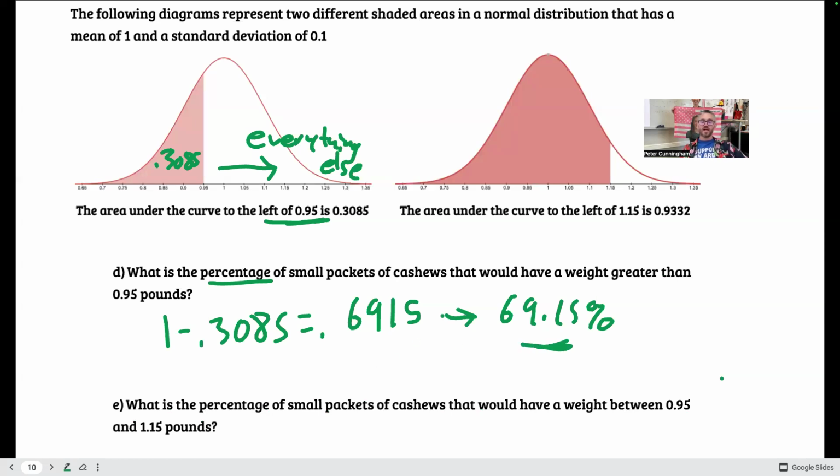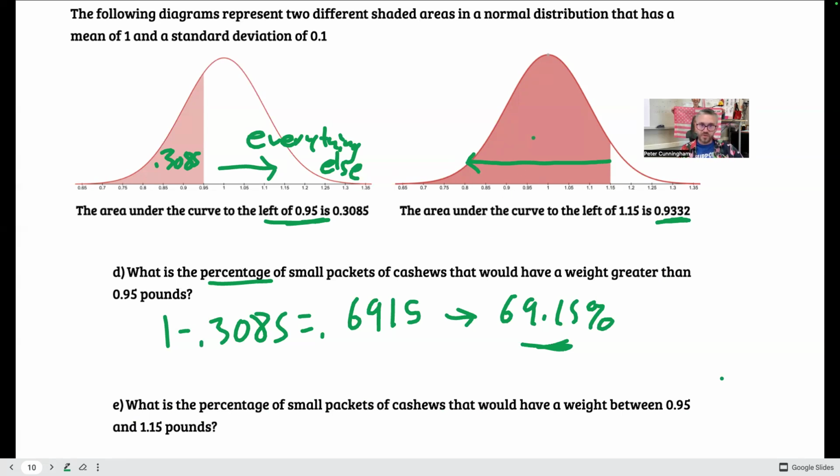All right, percentage of small packets of cashews that would have weights between 0.95 and 1.15. Again, using all the normal CDF stuff, it will work, but given the information that you have, if we move my bar so that I can actually see the information that we have, we have 0.9332, okay?